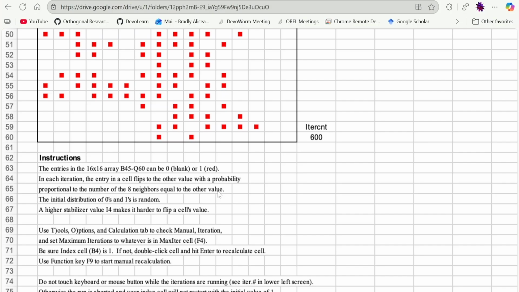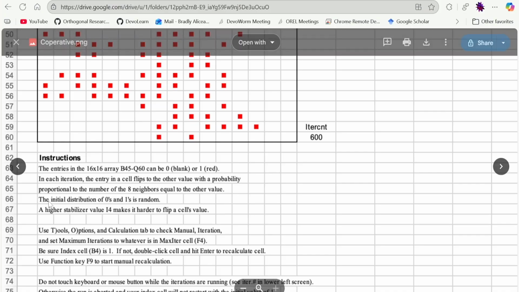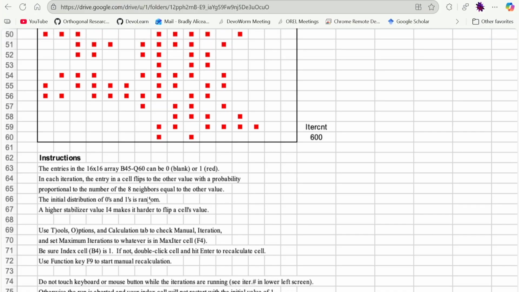This is very similar to what we do in cellular automata in neighborhoods. And so then the initial distribution of zeros and ones is random. So we can have an initial distribution that's random, we can have this update rule, and we can end up with this sort of order that emerges.